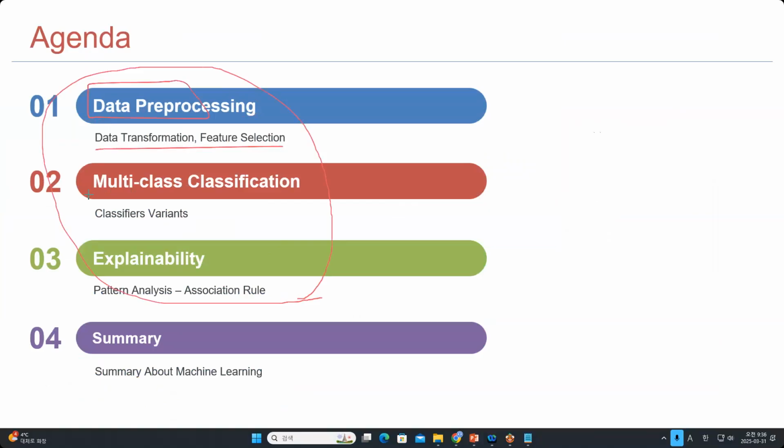And we are going to look more at classification, which we call multi-class classification. And how we can explain, because some of the algorithms are so complex and it is difficult to explain. So we need to learn how to explain the model.